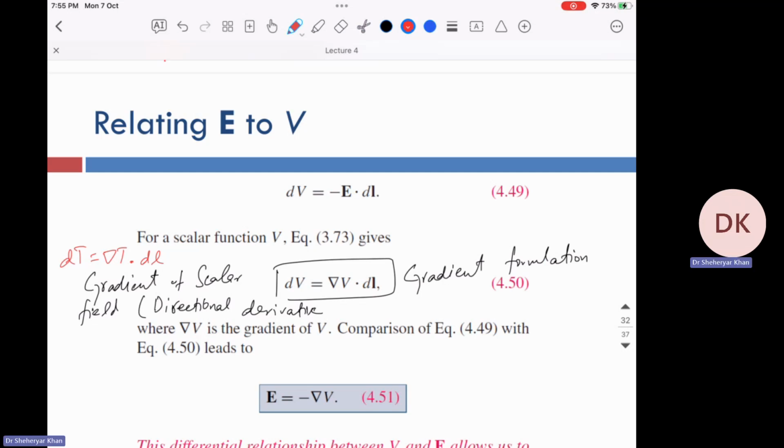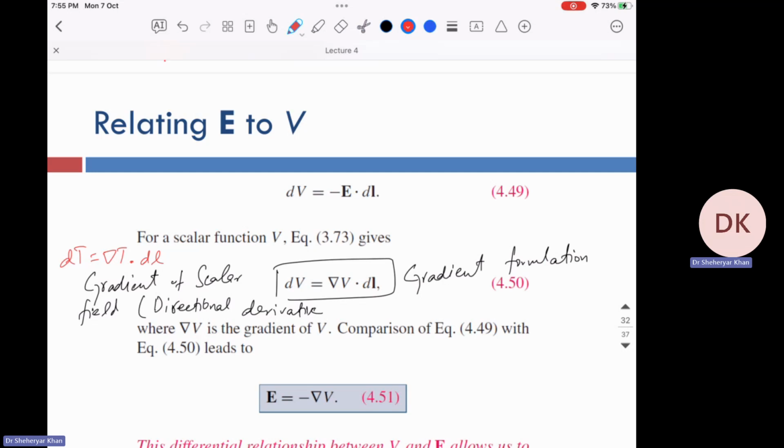That's the reverse relationship between voltage and electric field. If you know the electric field, you take the function, do the line integral, and you get the voltage. But if you know the voltage, you take the negative gradient and you get the electric field.